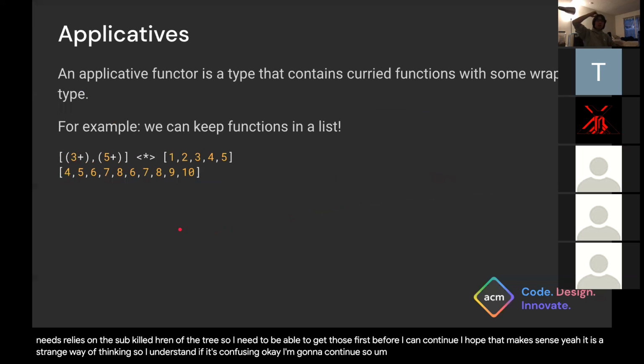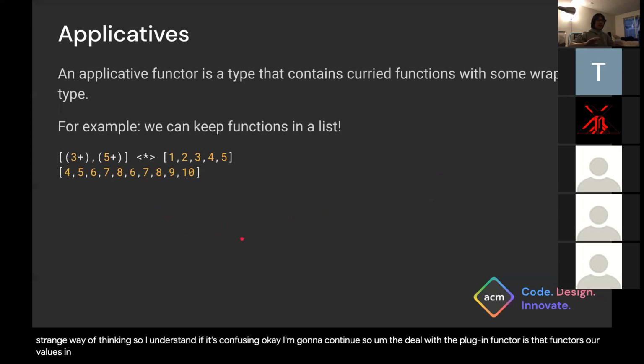So the deal with applicative functors is that functors are values inside of another type. Applicative functors are functions inside of another type. So what we can do is actually store functions inside of another type.